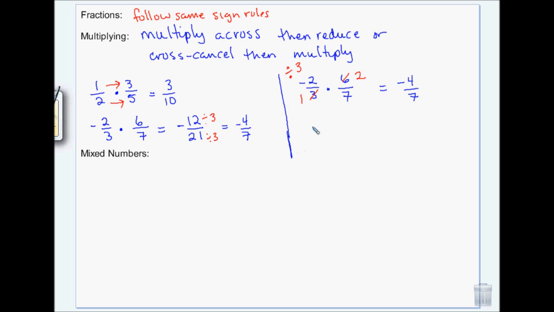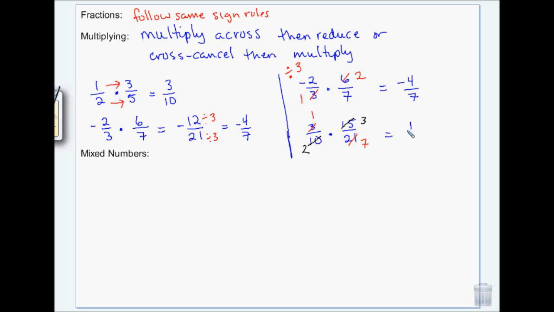Let's do one more. If I do 3/10 times 15/21. 3 and 21, I can cancel there. 7. Oh, there's the 7. And then the 15 and 10? Yeah, they both divide by 5, so I get 3 and 2.